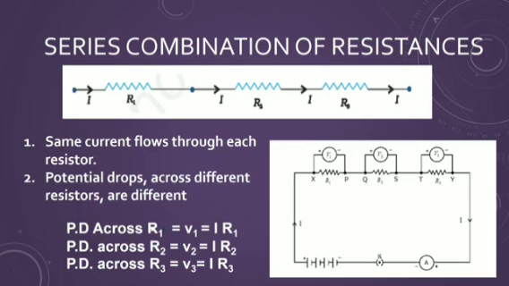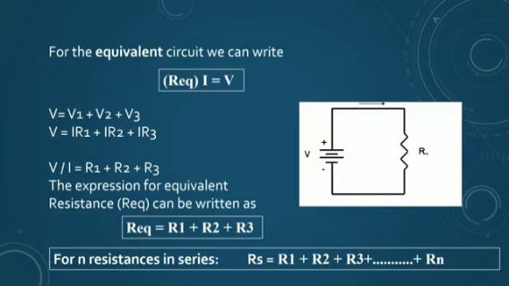Now what happens if I draw the equivalent circuit for these resistances? This is the equivalent circuit. For the equivalent circuit, I get R equivalent equals V divided by I, where V is the potential difference provided by the source, that is the cell or the battery. Now V is given by the sum of the potential differences across the three resistors.